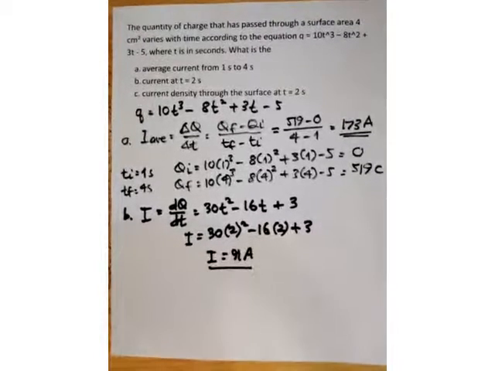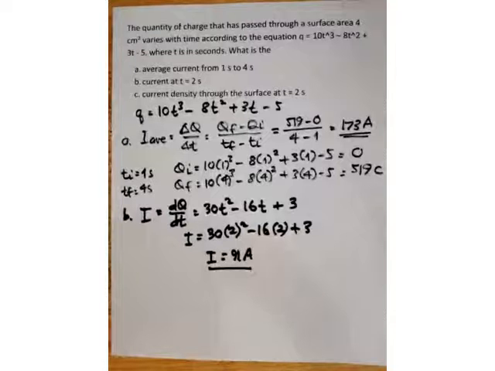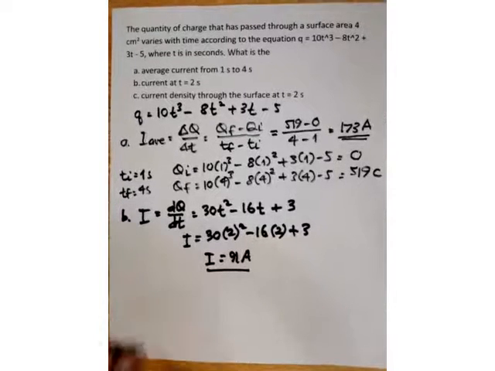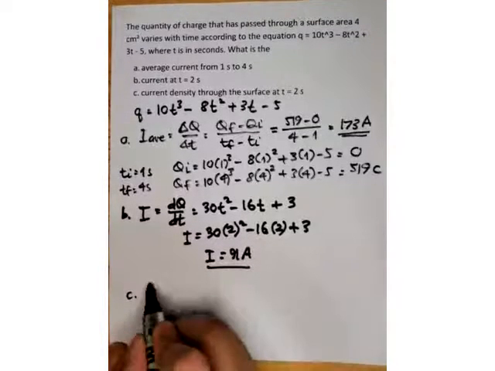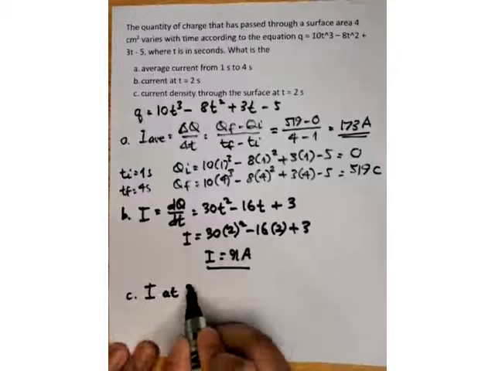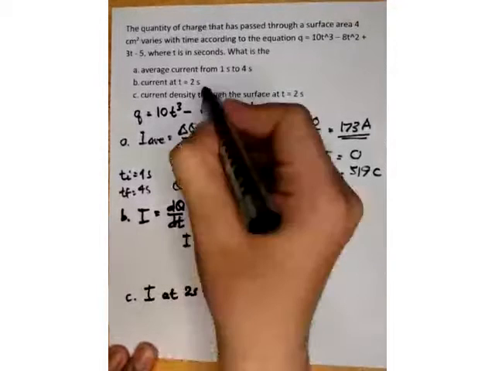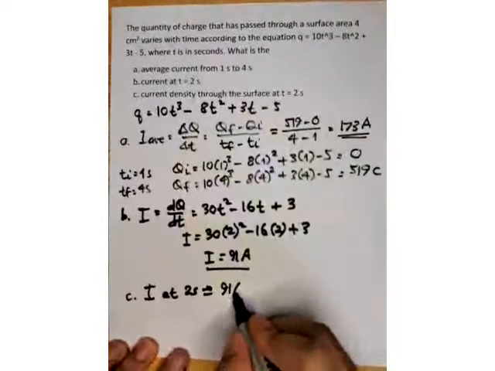And then letter C. What's the current density through the surface at 2 seconds? Ano ang current natin at 2 seconds? Fortunately, yun yung sagot natin sa B, which is 91 amperes. Kung hindi 2 seconds, kailangan mag-compute tayo ulit ng current.